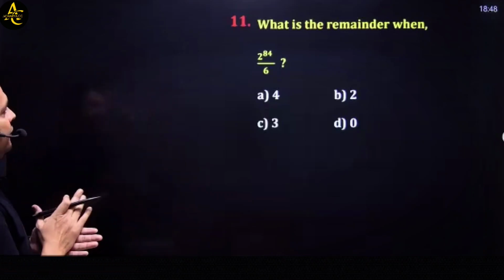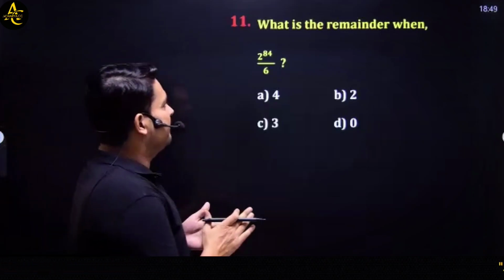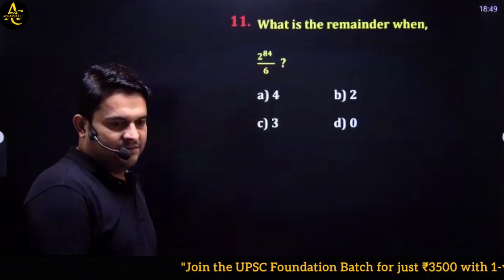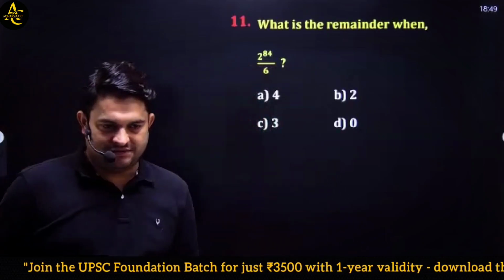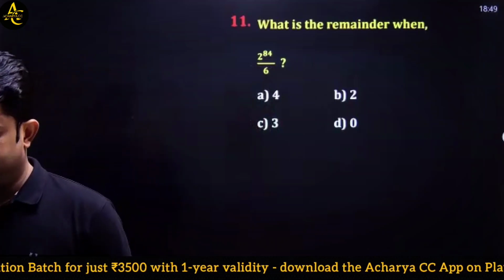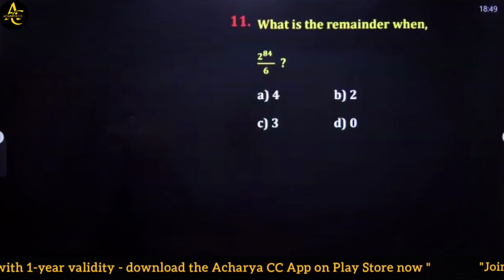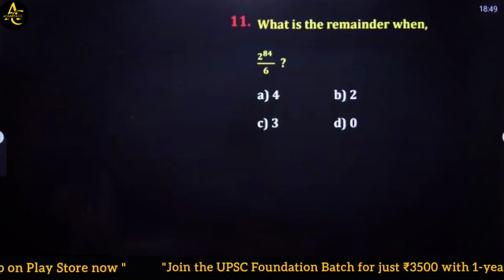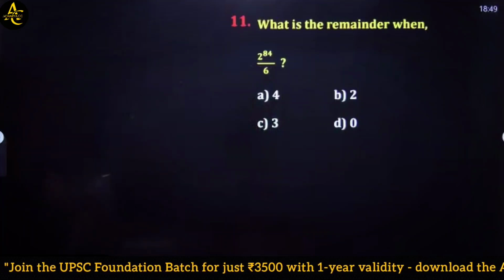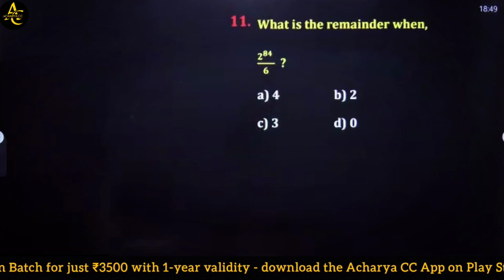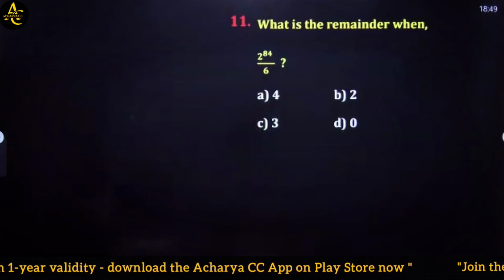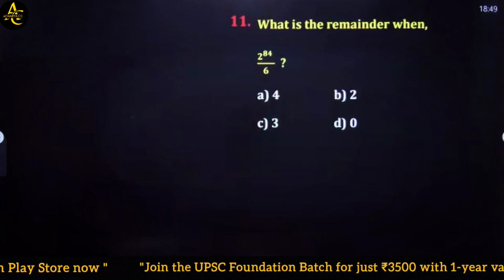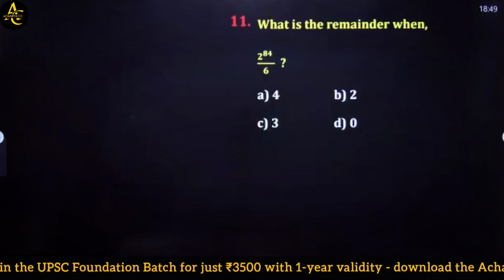What is the remainder when 2 to the power 84 is divided by 6? Please answer in the comment box. You have to answer this question.